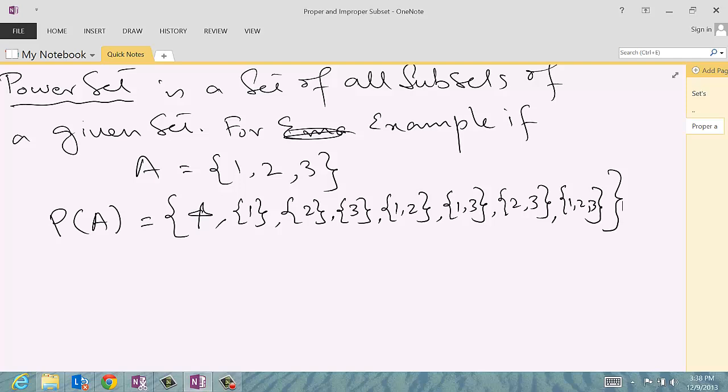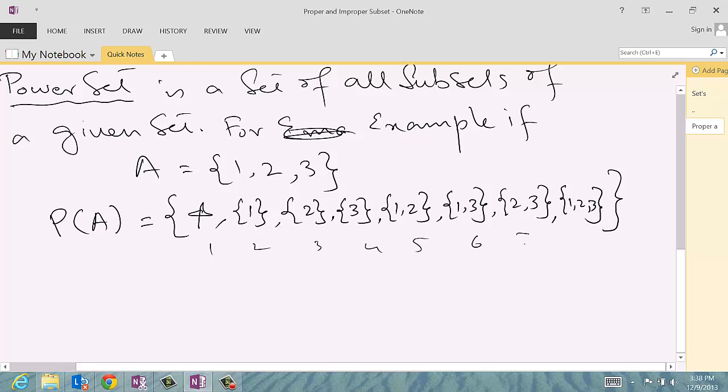If we count the number of elements, 1, 2, 3, 4, 5, 6, 7, 8, there are a total of 8 elements.